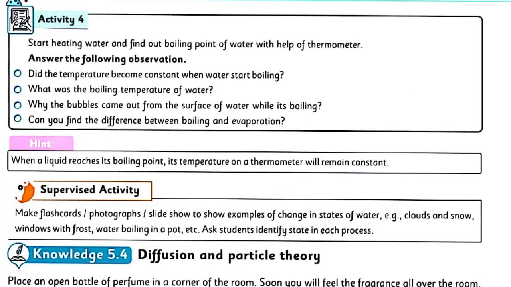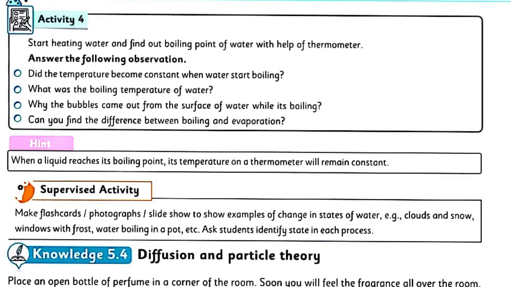Activity 4. Start heating water and find out the boiling point of water with the help of a thermometer. Answer the following observations. Did the temperature become constant when water started boiling? What was the boiling temperature of water?